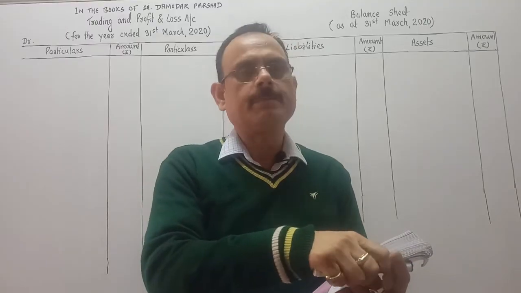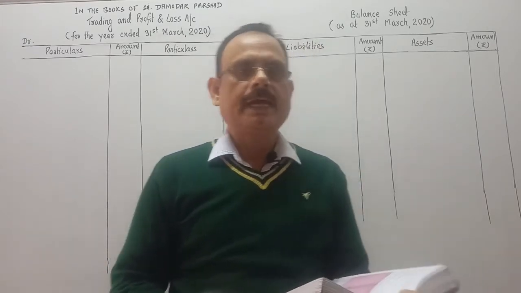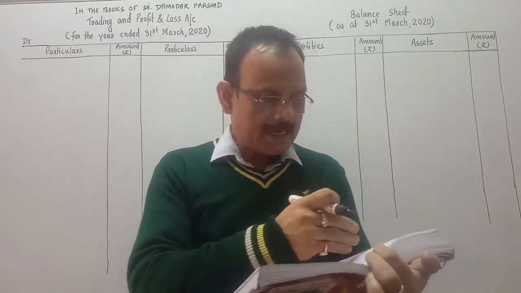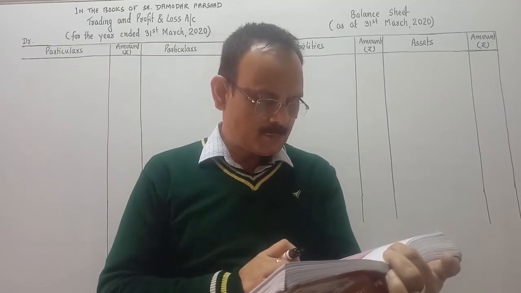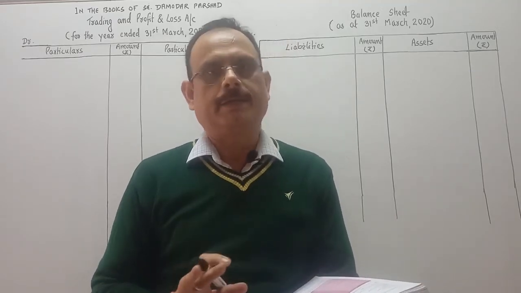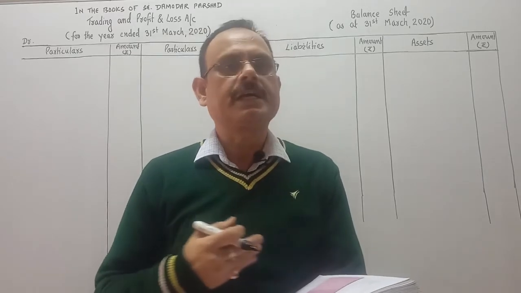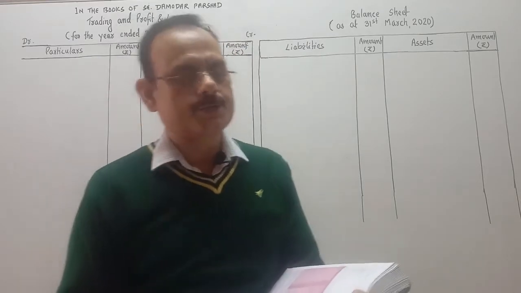from the following trial balance of Sri Damodar Prasad as at 31st March 2020. So this trial balance is given over here, and both sides of the trial balance total 1,62,300. Debit side information is stock on 1st April 2019, which means it is the opening stock.